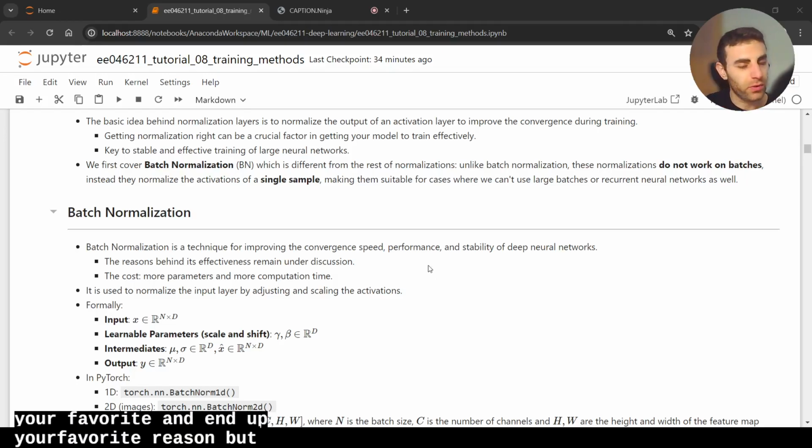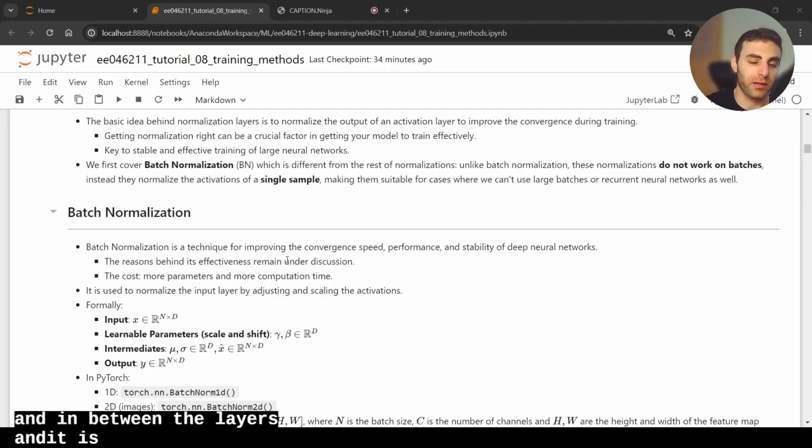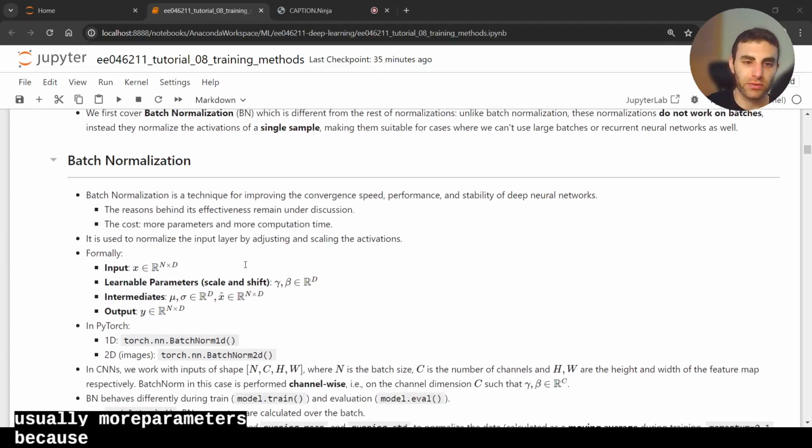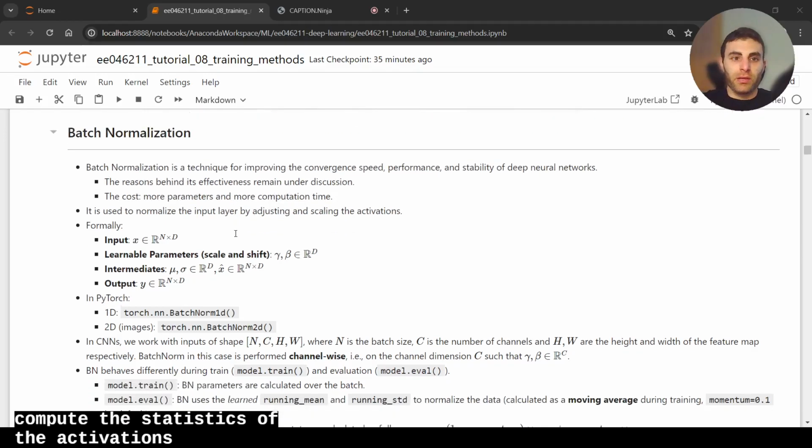But in practice, it works, and that's what's important. Now, there is a cost to applying normalization in between the layers. The first one is that we usually have more parameters because we introduce some scaling and shifting parameters. I'll talk about it in a minute, but it also involves more computation time because we need to compute the statistics of the activations.